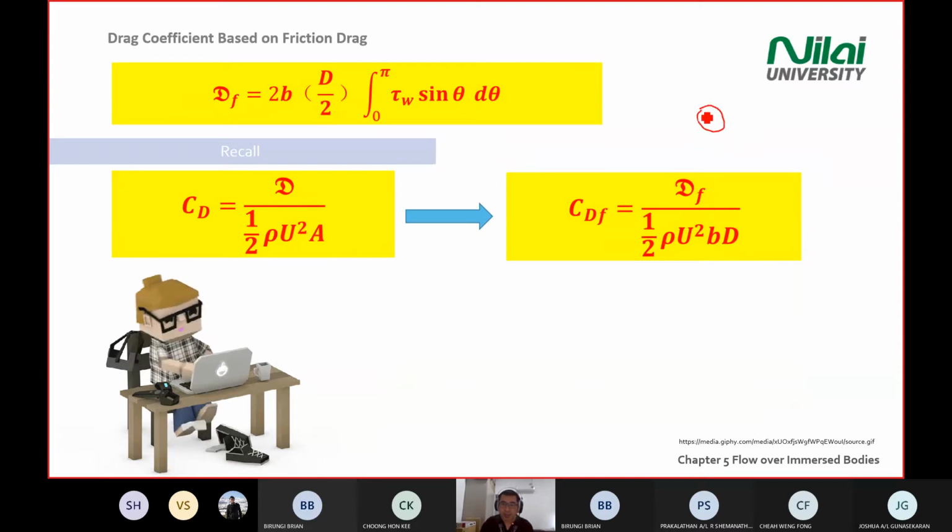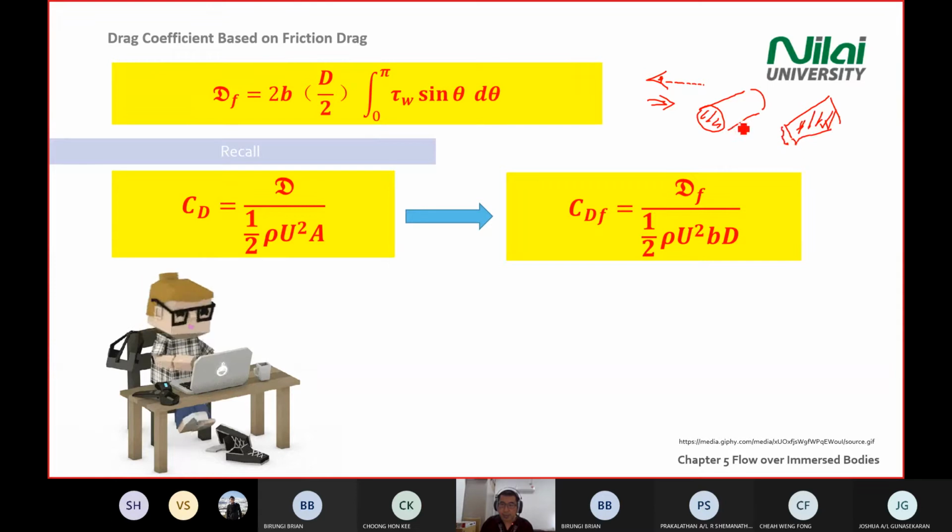Because if you have a solid cylinder with flow from left to right, what will the wind or the velocity see? You are seeing from the front, a cross-section area.